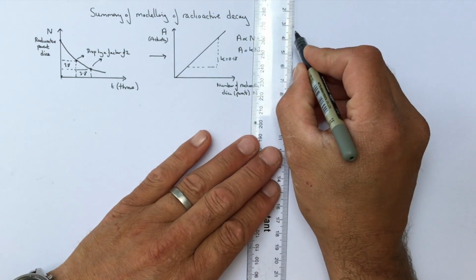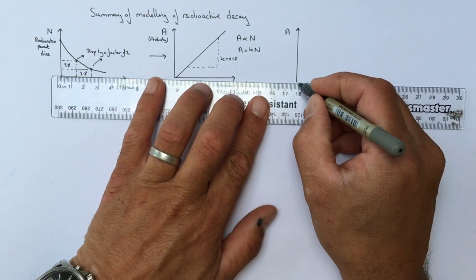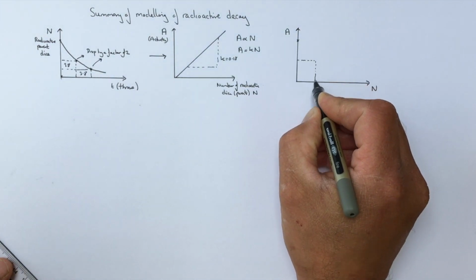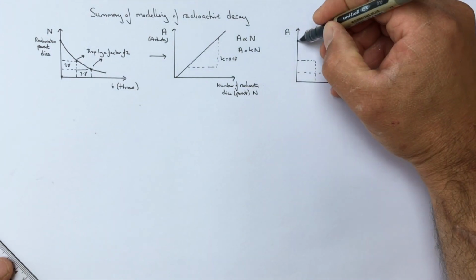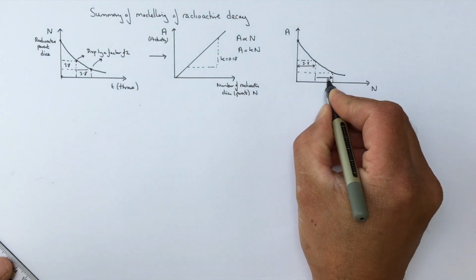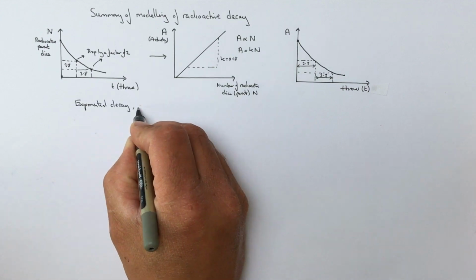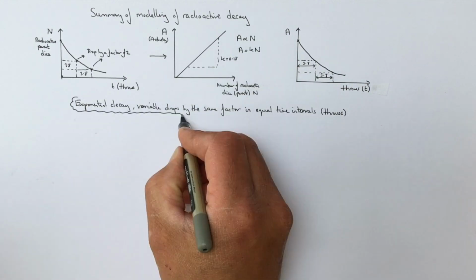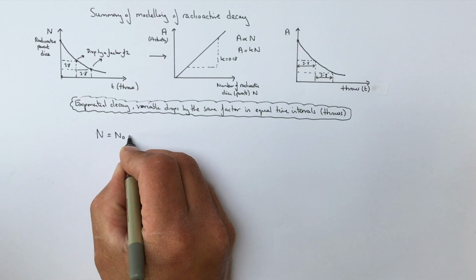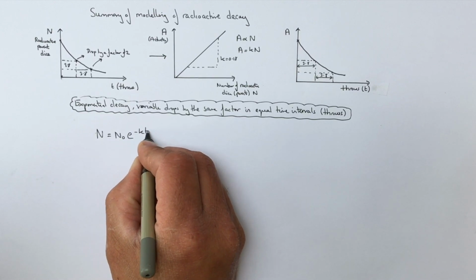Because activity was directly proportional to N, plotting a graph of activity against number of throws gave us exactly the same results, showing it was also an exponential curve. We then quoted the general equation for exponential decay, N equals N0 e to the minus kt.